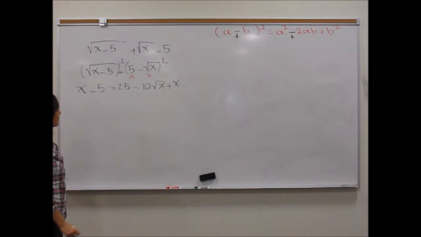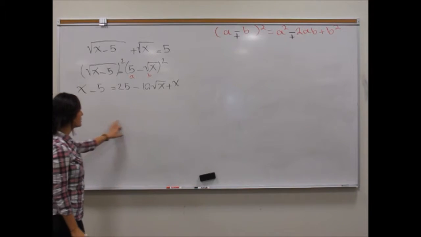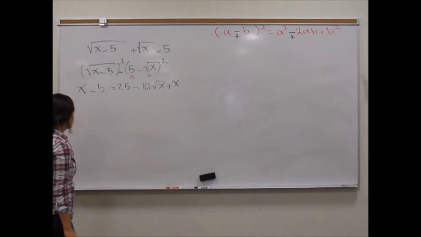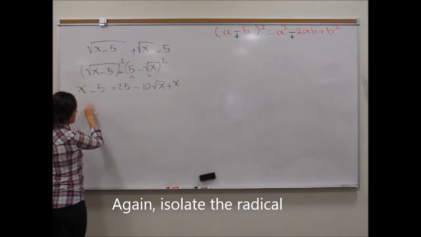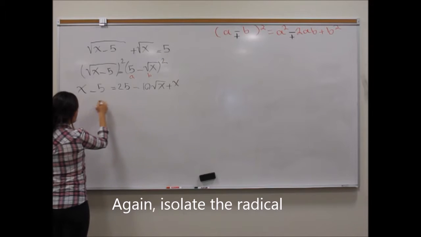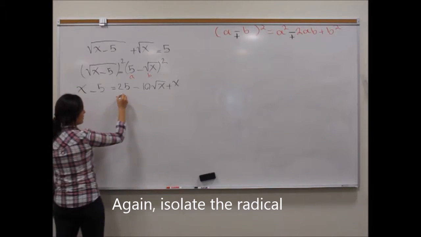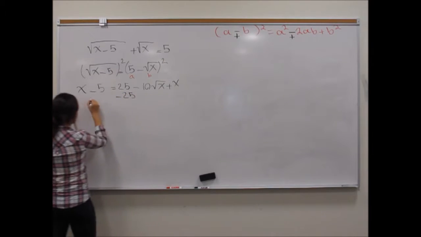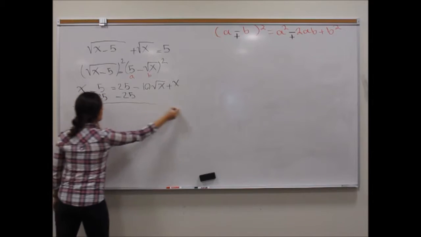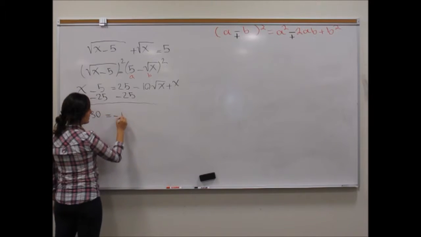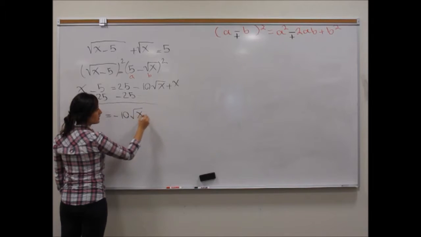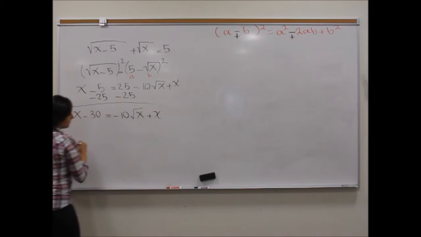And then let's isolate this radical right here. So I'm going to move everything to the other side. So this would be minus 25 and minus 25. I would have x minus 30 equal negative 10 rad x plus x.